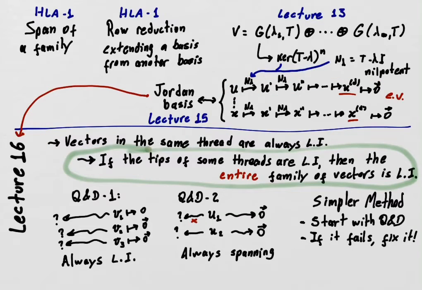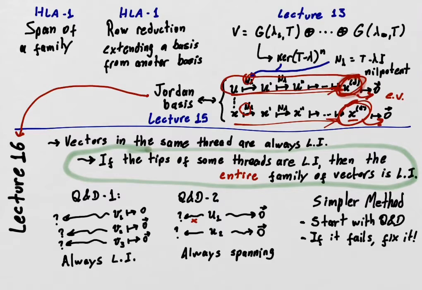So let me say it one more time. If this vector and this vector, if these two vectors are linearly independent and they are mapped to 0, and they are the very end of threads of vectors with eigenvalue lambda, for the same lambda, okay, that's important, for the same lambda, then if these two, only these two, are linearly independent, then all the vectors present in these two threads, all these vectors together, they are linearly independent.